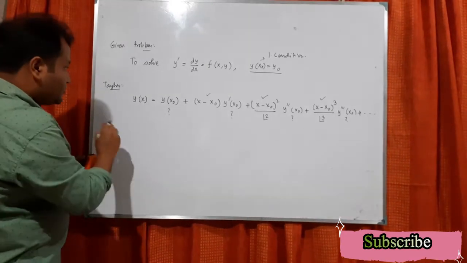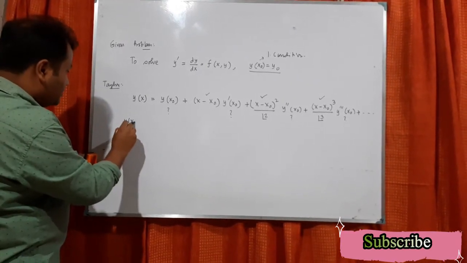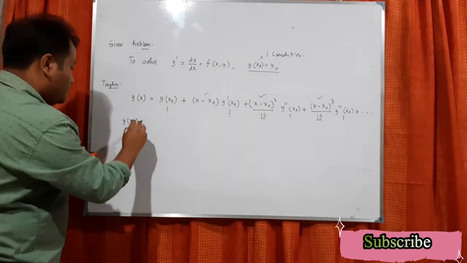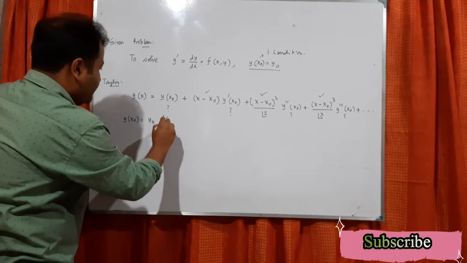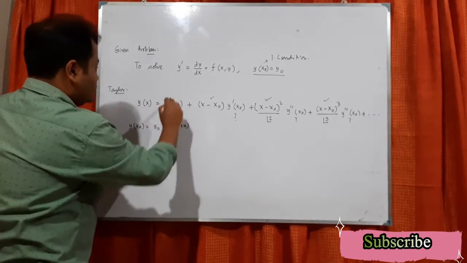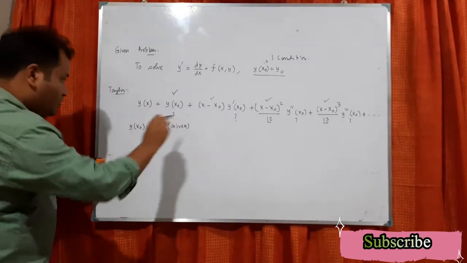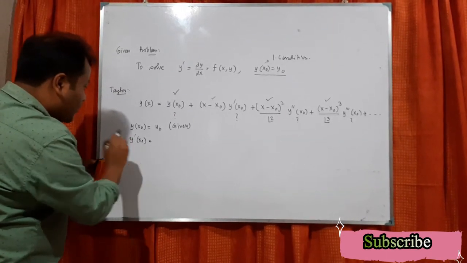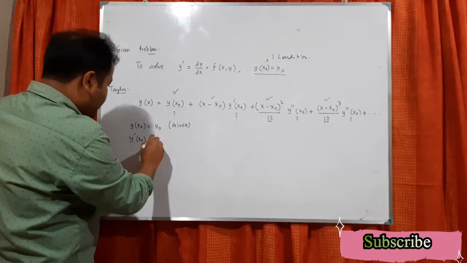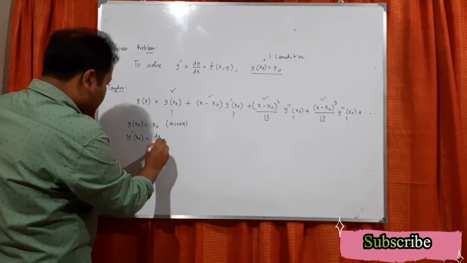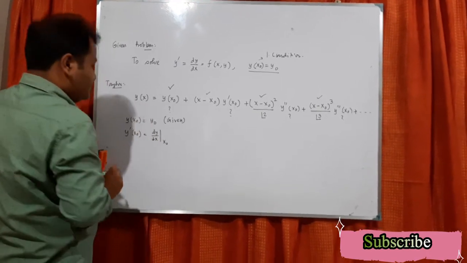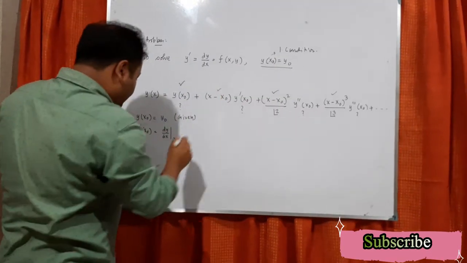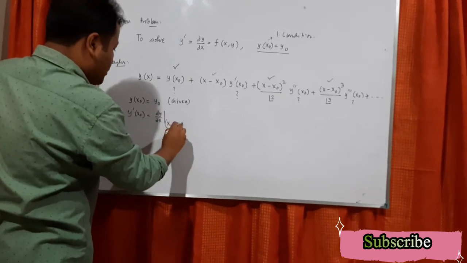For the first one, what is y of x naught? It is given in the problem, y naught. So this one is okay. Now if I want y dash of x naught, y dash means dy dx at x naught, and if x is x naught, then y should be y naught, so it is the point (x naught, y naught).